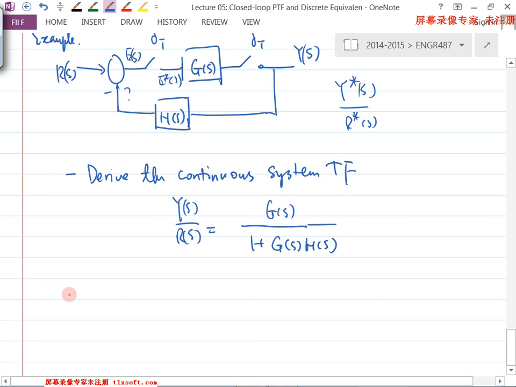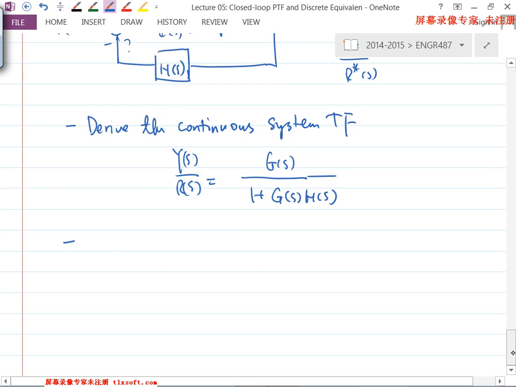And this is actually the second thing that you can make use of.